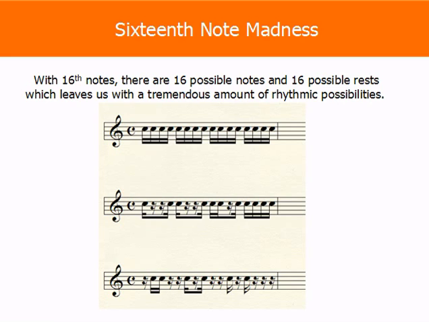Now watch this counting slower in the second level. 1 E and 2 E and 3 E and 4 E and 1 E and 2 E and 3 E and 4 E and. Let's try the bottom. 1 E and 2 E and 3 E and 4 E and.